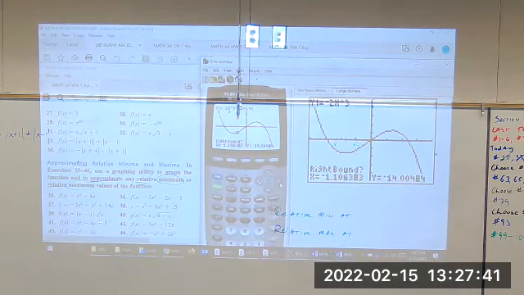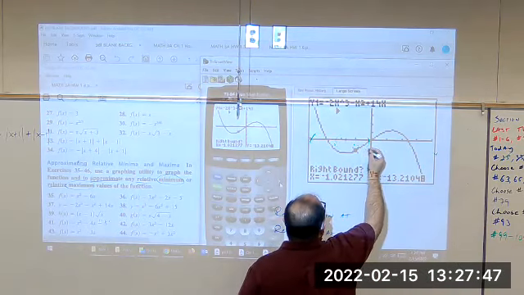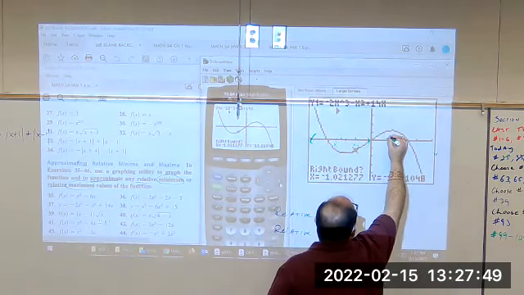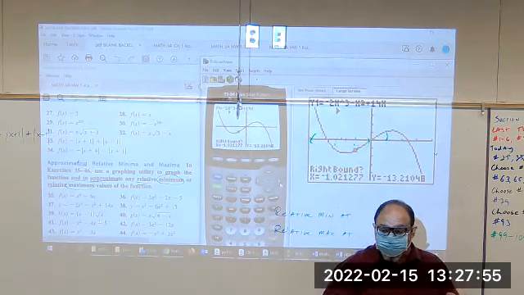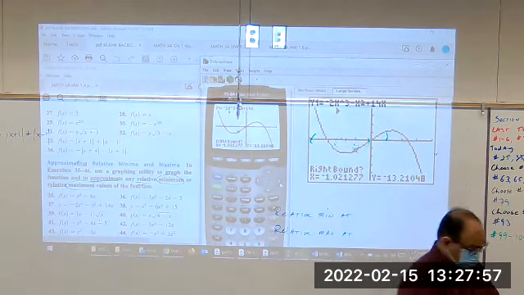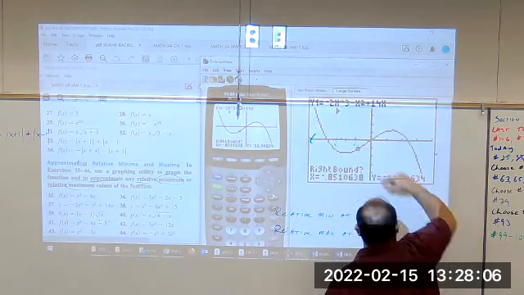I kind of want to be close to a 1. I could have told it to look from here all the way over to here. It would still find that minimum because that's the only relative minimum in that interval. I just want to be a little bit right there. Hit enter.